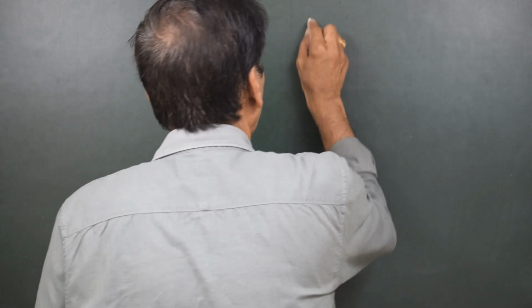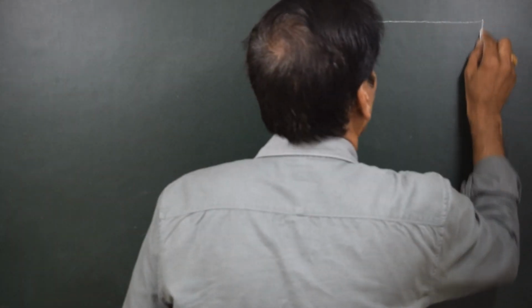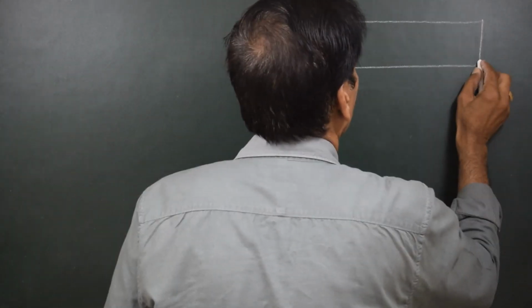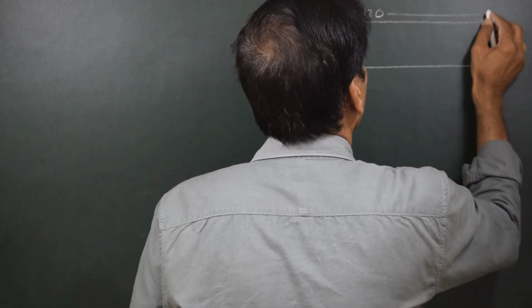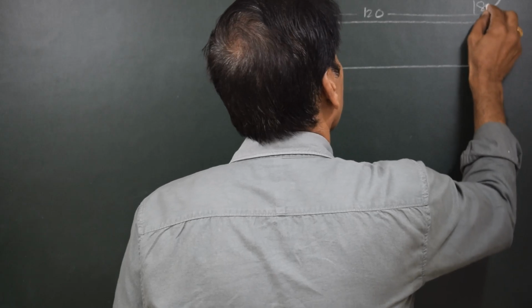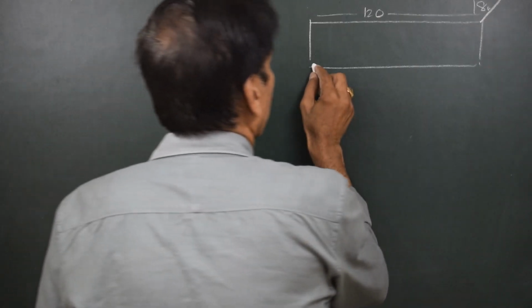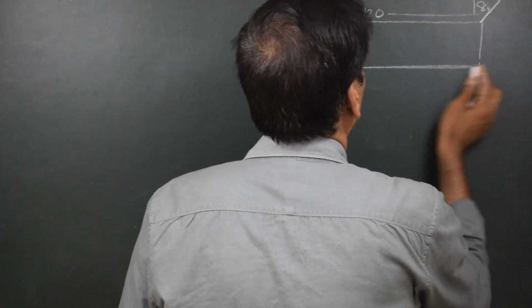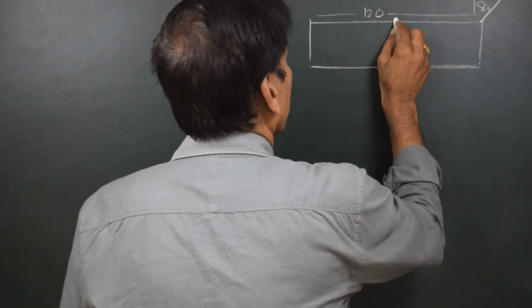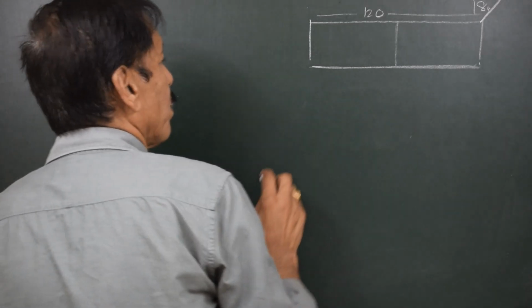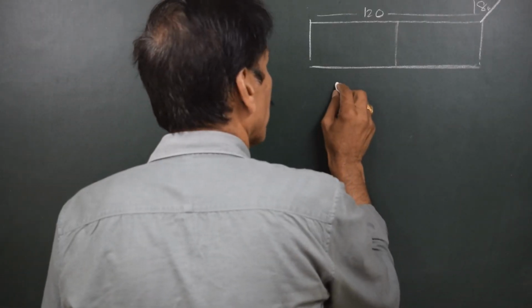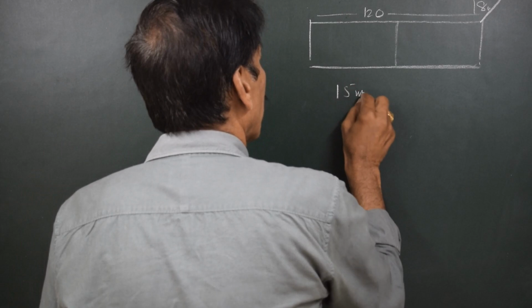Let us see how. So let us say once again you have a box vessel. Let's take it as 120 meters in length and 18 meters broad, and it may be stated that there is a compartment 15 meters in length.